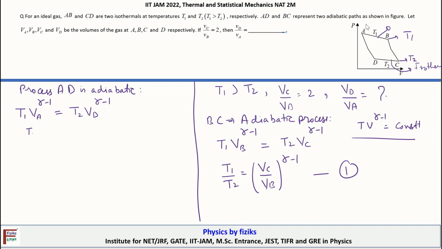So this will give you T1 by T2 equal to (VD upon VA) power gamma minus 1. Let's call this equation 2.